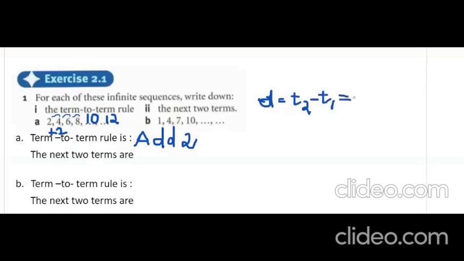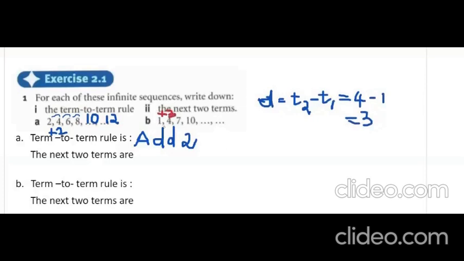So here term 2 is 4 and term 1 is 1. So 4 minus 1 is 3. So the common difference for section B is 3. So we have to add 3 to each term, isn't it?